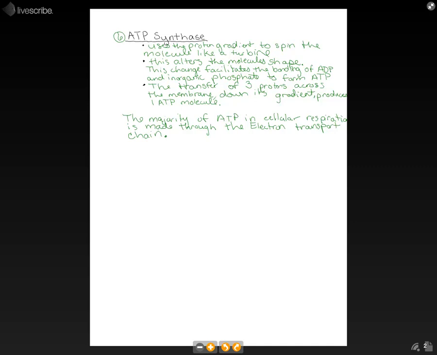And that is all about our electron transport chain.